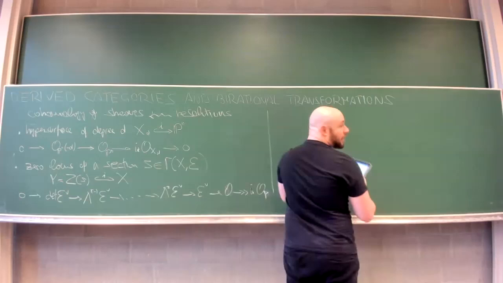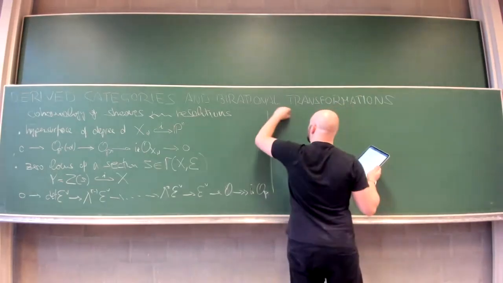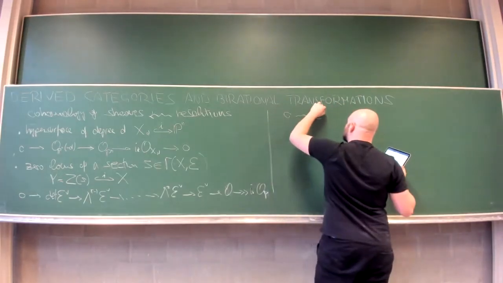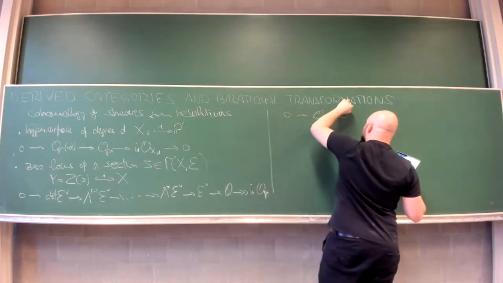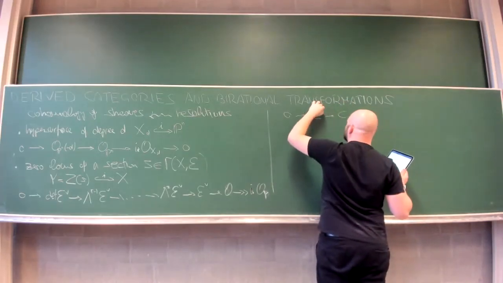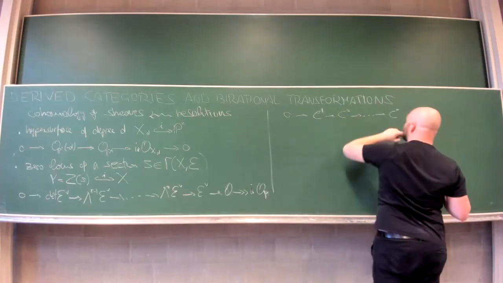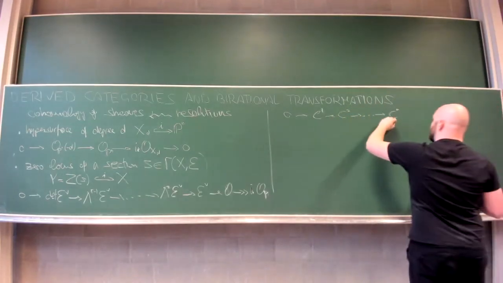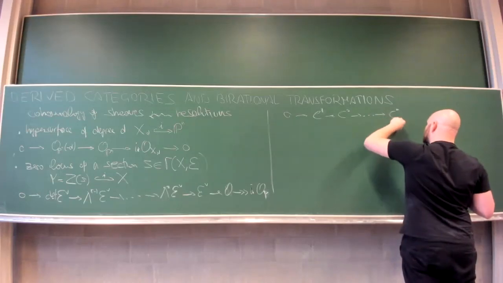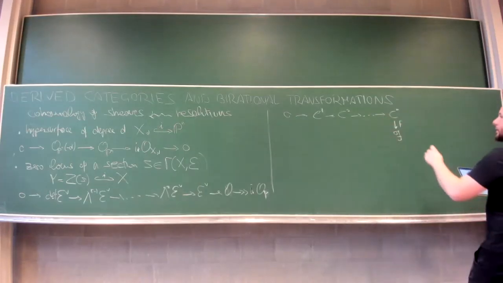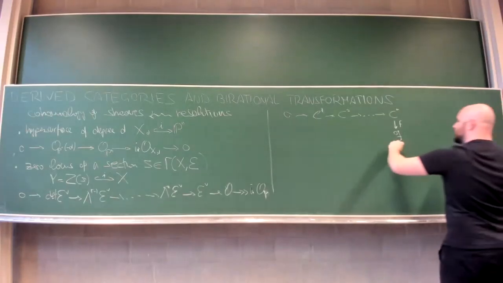Take a resolution of a sheaf F, and let's write it like this: C1, C2, up to Cn, and then we have F. So this is the resolution.